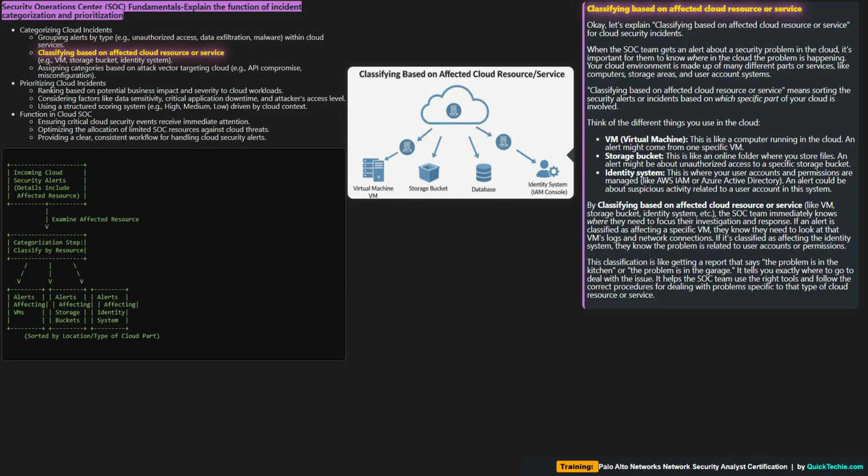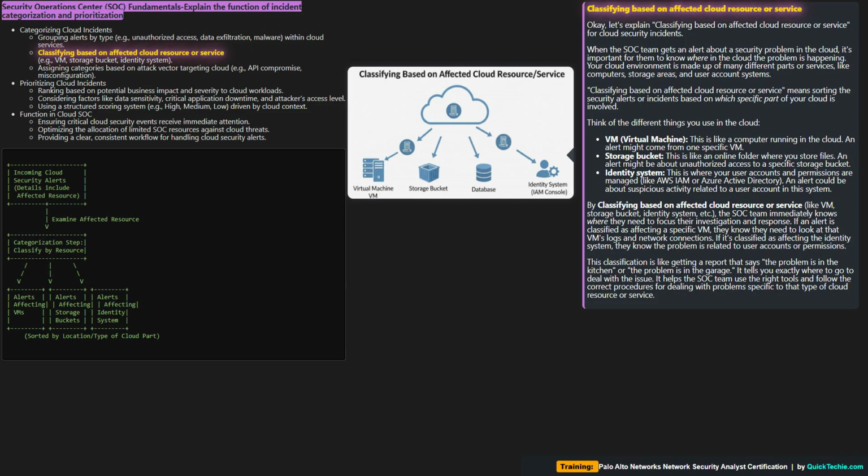By classifying based on affected cloud resource or service, like VM, storage bucket, identity system, etc., the SOC team immediately knows where they need to focus their investigation and response. If an alert is classified as affecting a specific VM, they know they need to look at that VM's logs and network connections.